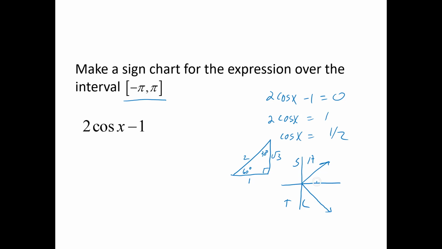And since we're only allowed to get there using angles between negative pi and pi, then we could start here and go straight up there, and that would be pi. We cannot continue going in the positive direction because then to try and get all the way to here, I would be going too far.